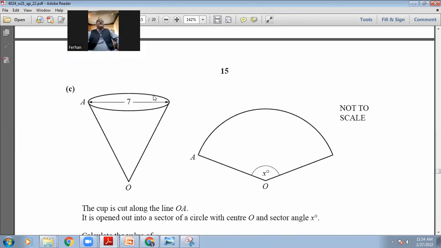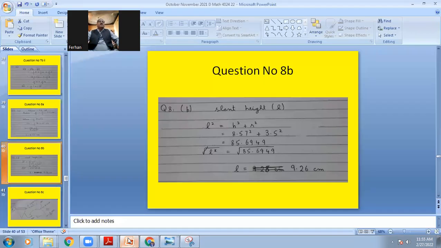The circumference of this circle becomes this arc. The slant height here becomes the radius of this sector. So if you know the arc and you know the radius, I can easily find out this angle. This is the strategy how this will be done.